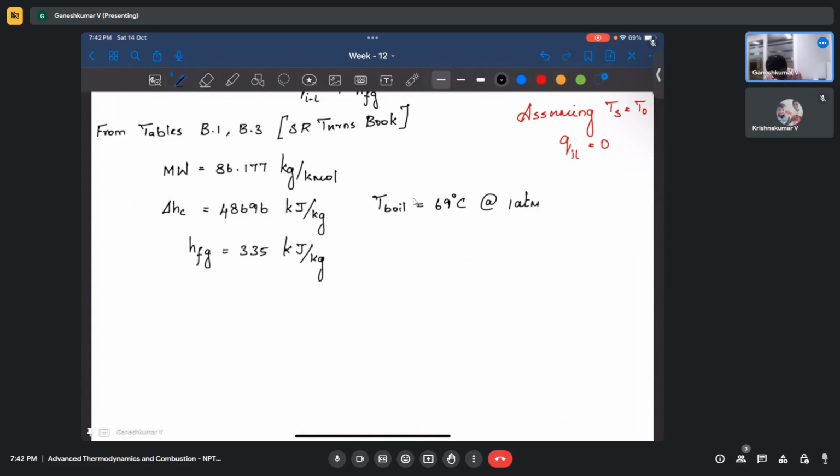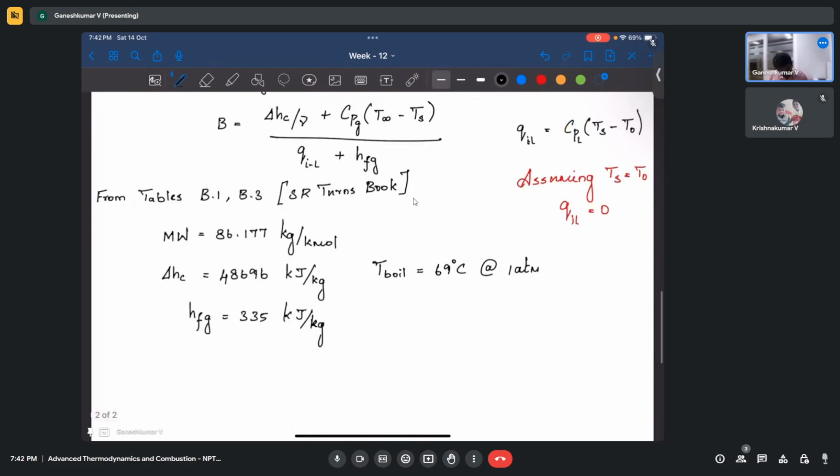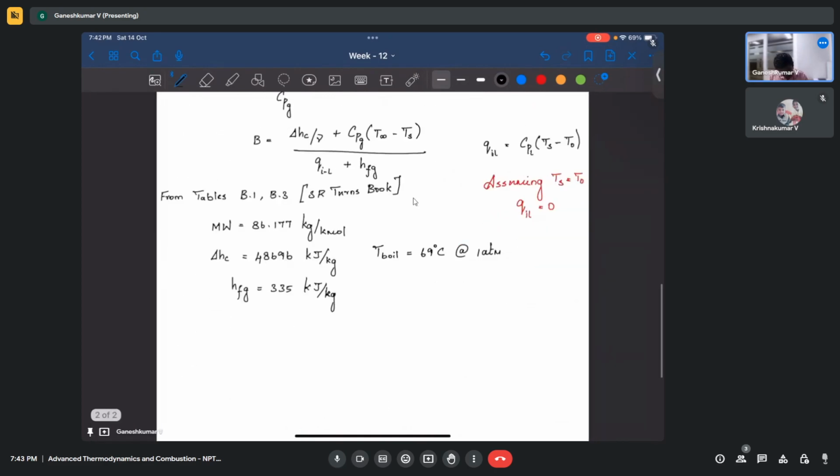Now we need to find the surface temperature, or the boiling point of the droplet. After that, we need to find mu and CPG.